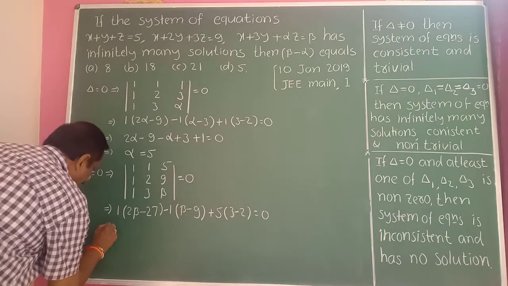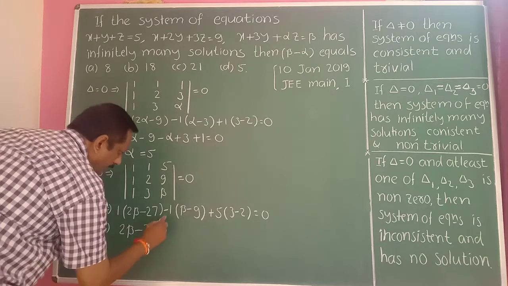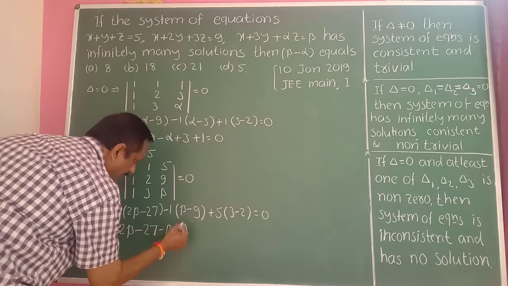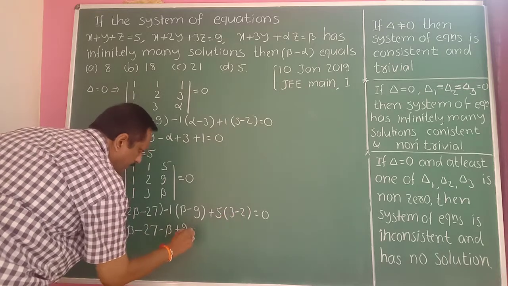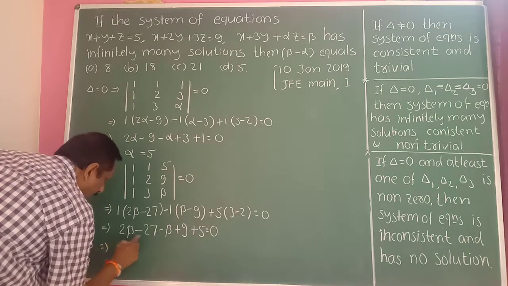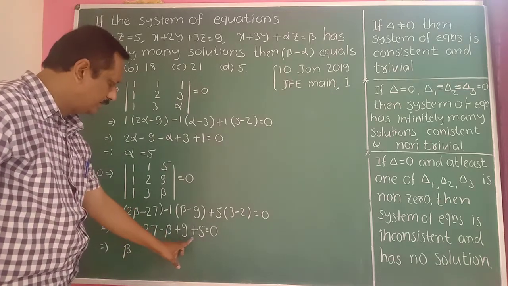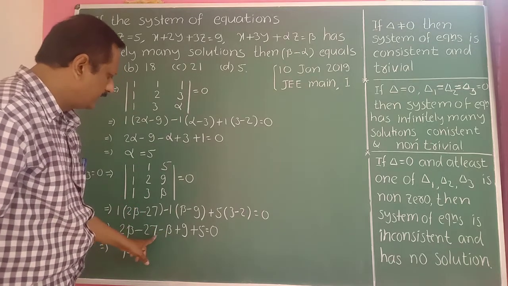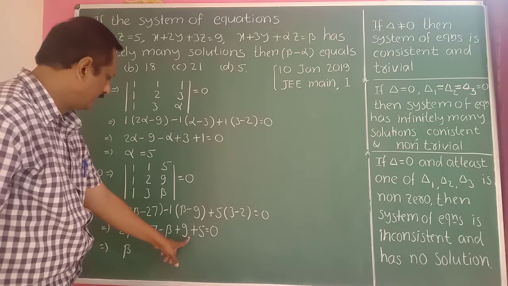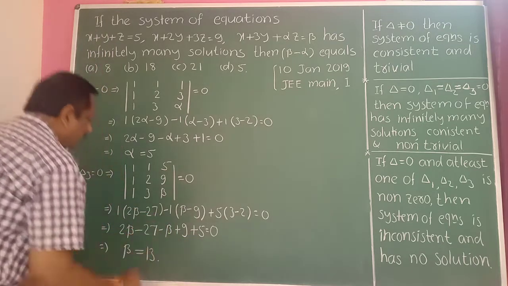So 2 beta minus 27 minus beta, minus into minus becomes plus 9, 3 minus 2 gives 1, 1 into 5 becomes plus 5, is equal to 0. Therefore 2 beta minus beta is beta, 9 plus 5 is 14, minus 27 plus 14 is minus 13. Take minus 13 to the right hand side, it becomes plus 13.